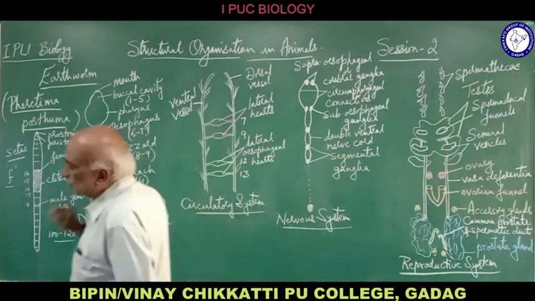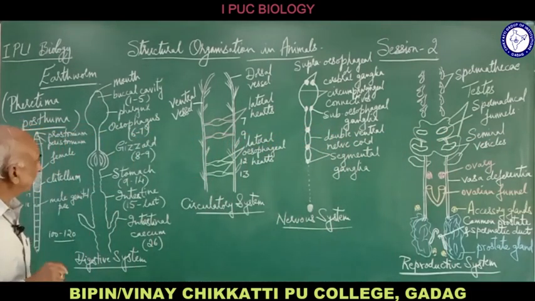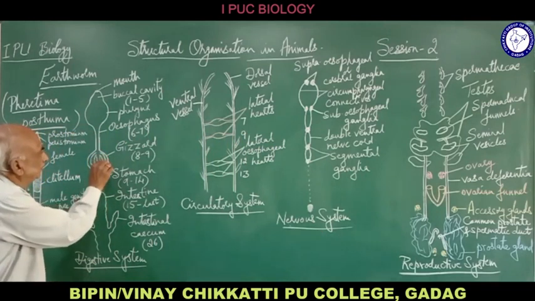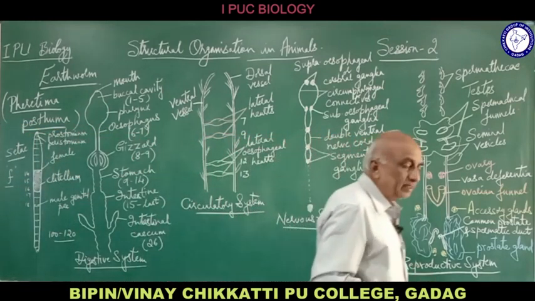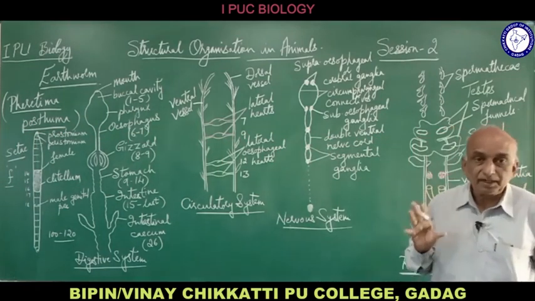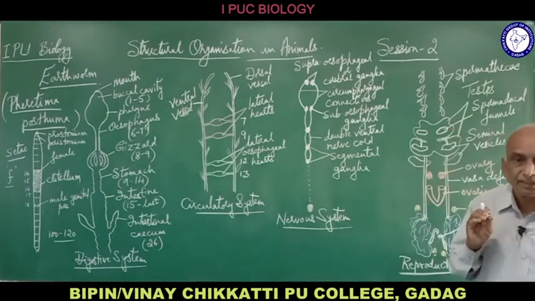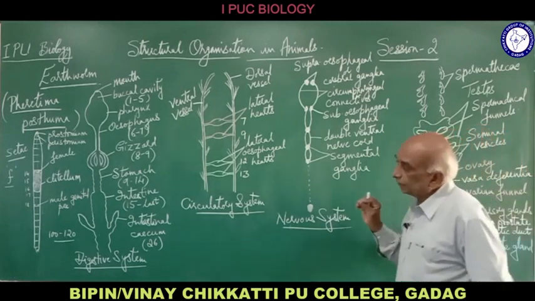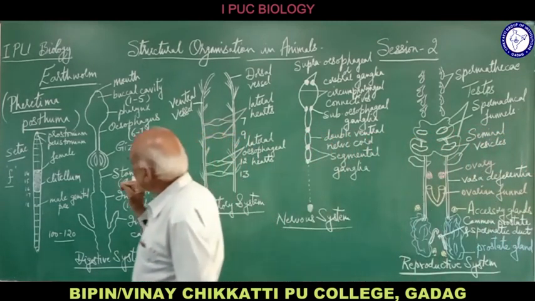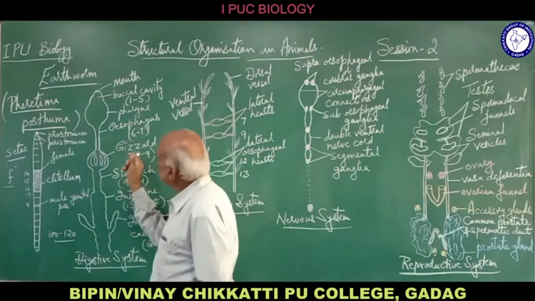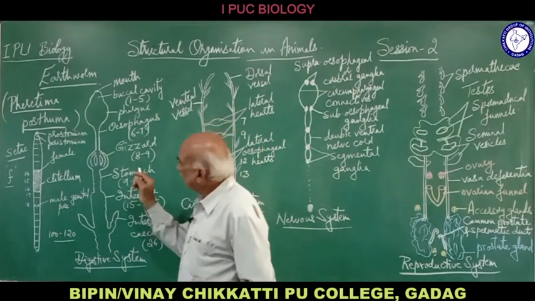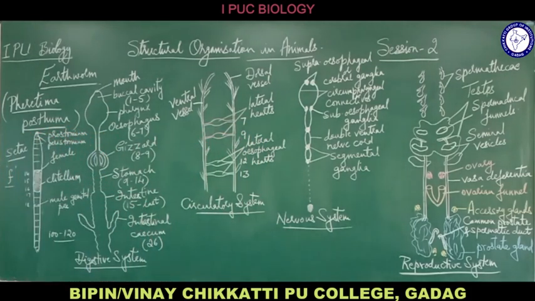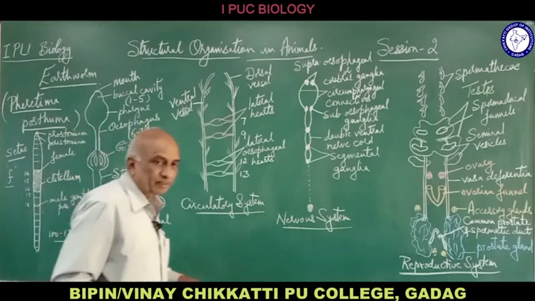So that is a short tube, and then the esophagus opens into a sac-like structure called the gizzard. The gizzard is the region which contains some kind of teeth, where the food is ground into small particles, and that gizzard occupies the 8th and the 9th segment. And then the gizzard continues into a short stomach.